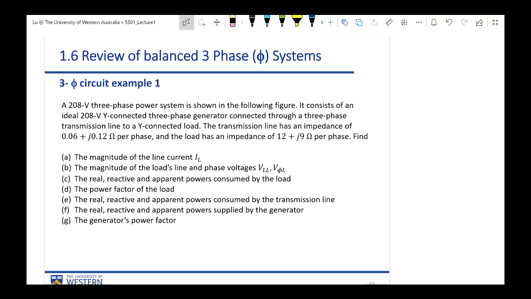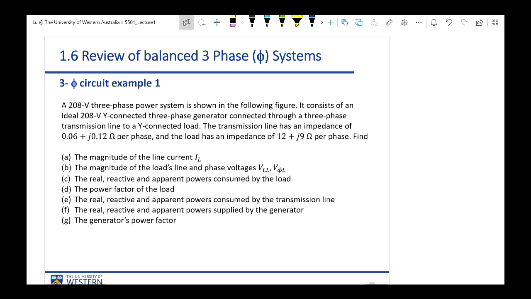By the way, everyone, when I go through the questions, sometimes I will give you some hints that may help you understand future questions. For example, you have 208 volts. What voltage is it? Phase voltage, line voltage, source side, load side? What does it mean? When I go through the examples in the lecture, I will give you the information. I hope you can make some notes because you will face similar questions in the future.